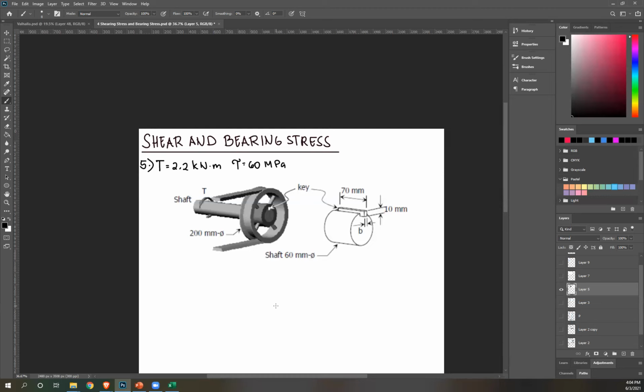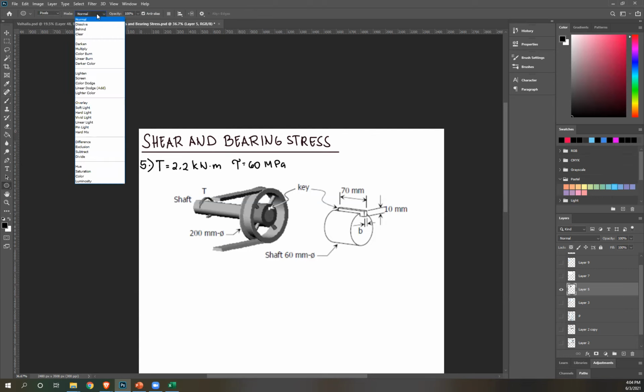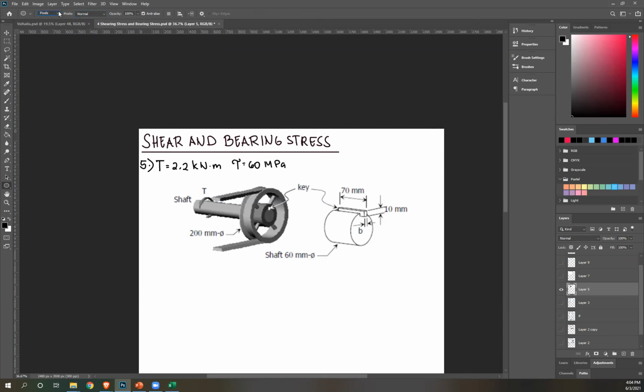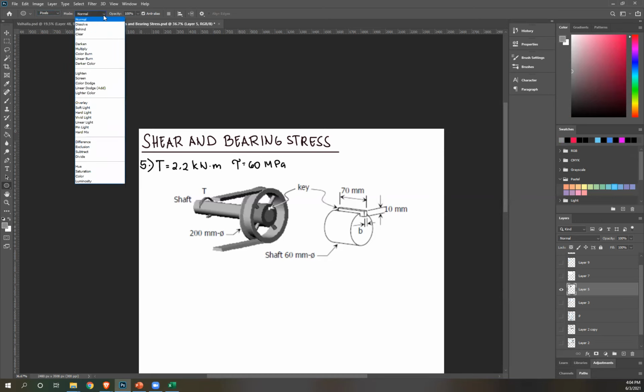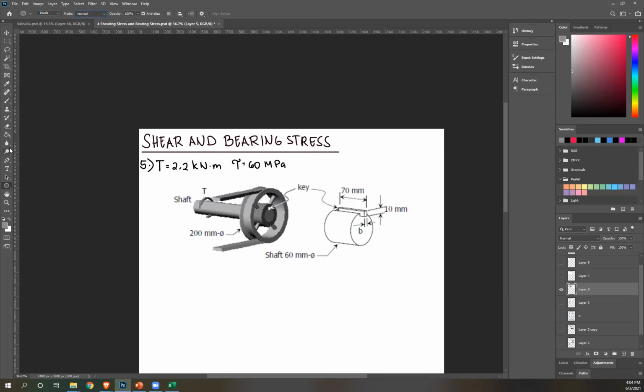To better analyze, let me draw a front view of that. This is your shaft.